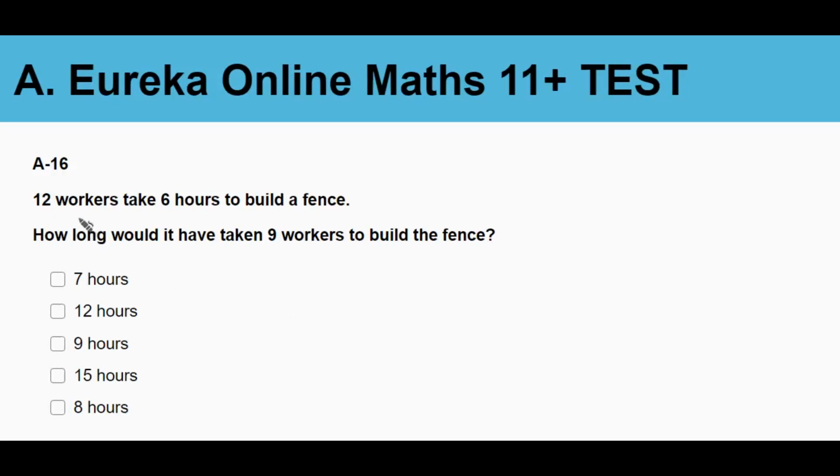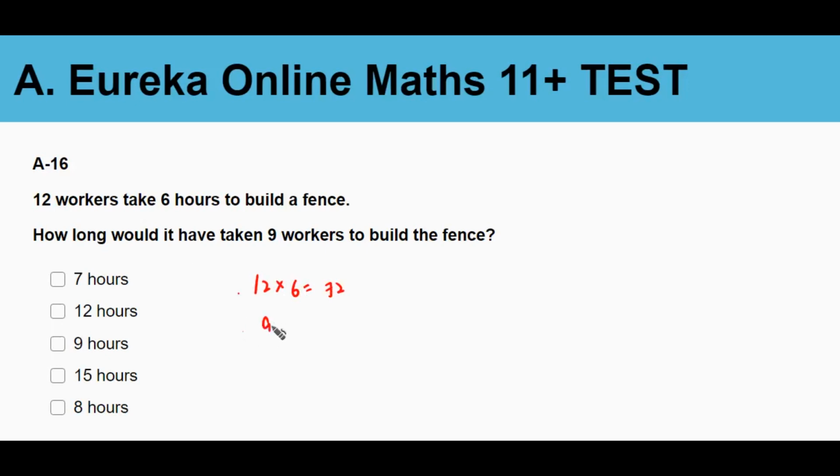If you consider the relation, this is inversely proportional. 12 workers take 6 hours, and if you have fewer workers, it takes more hours. We can calculate this way: 12 workers times 6 hours, so in total we need 72 hours.